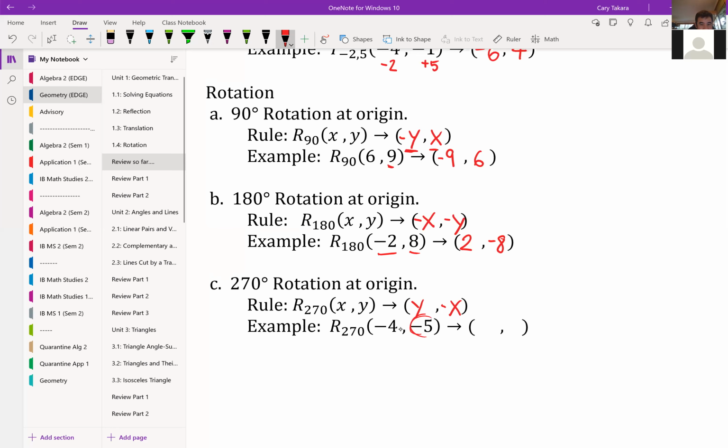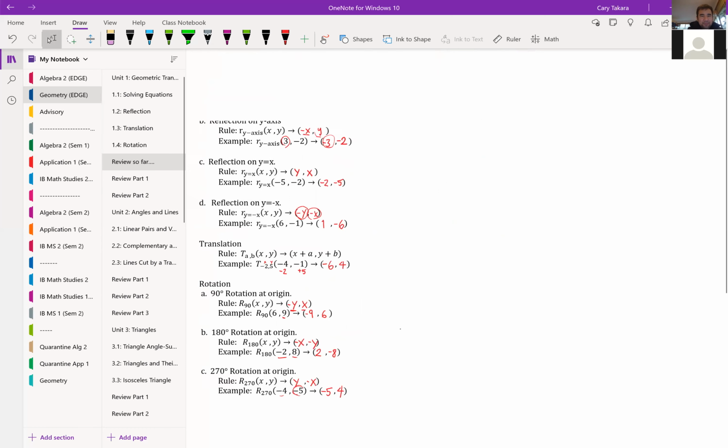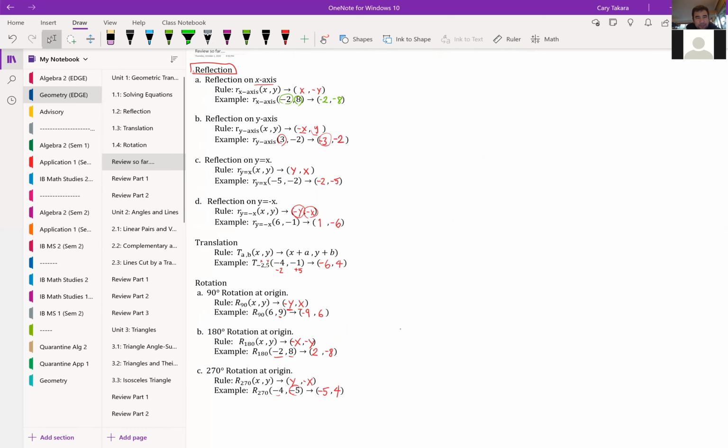Y value is -5, okay? So it will be -5. And then the second entry is the opposite of x. Now what is x? X is -4. So the opposite of -4 is +4.